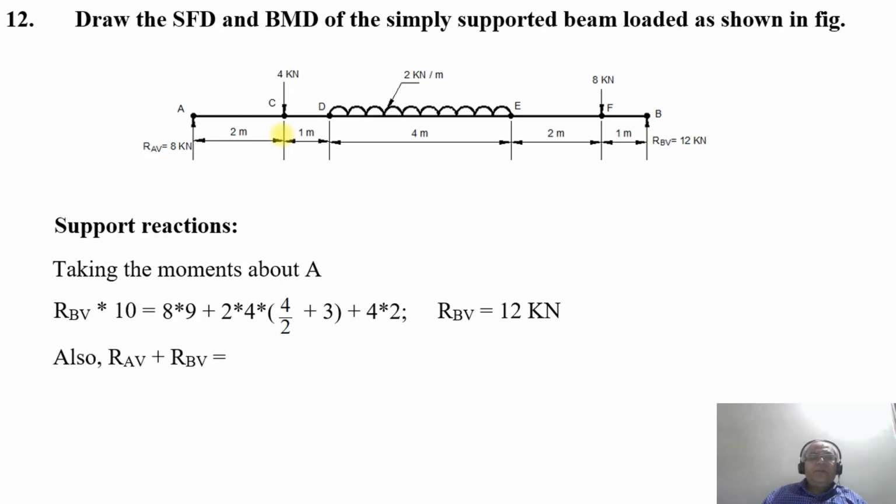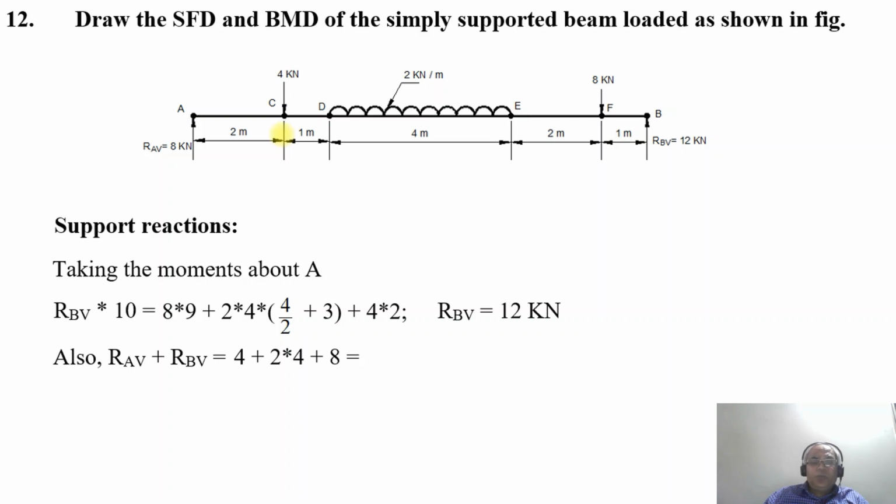Now also, the sum of the vertical reactions acting upwards will be equal to the sum of the loads acting downwards at the points C, D, E and F respectively. So RAV plus RBV, as the reactions act upwards, will be equal to the point load of 4, plus the UDL of 2 kilonewton per meter for 4 meters, so 2 into 4, plus 8.